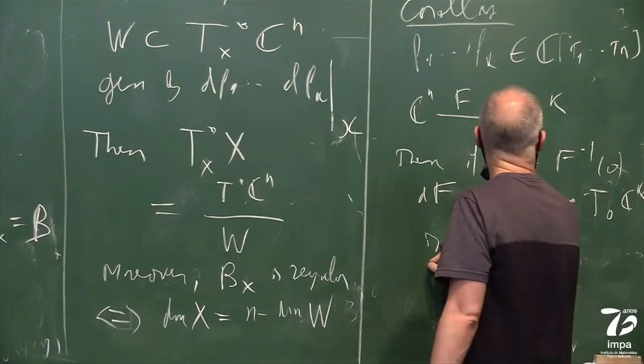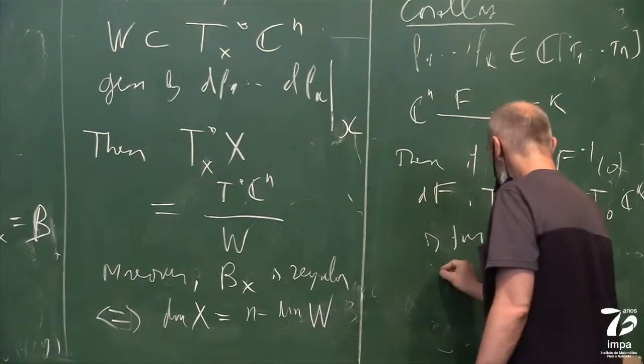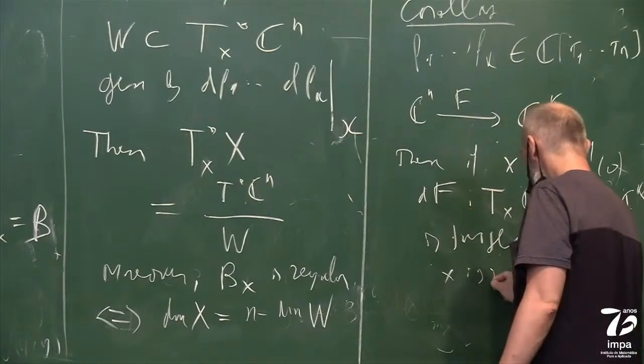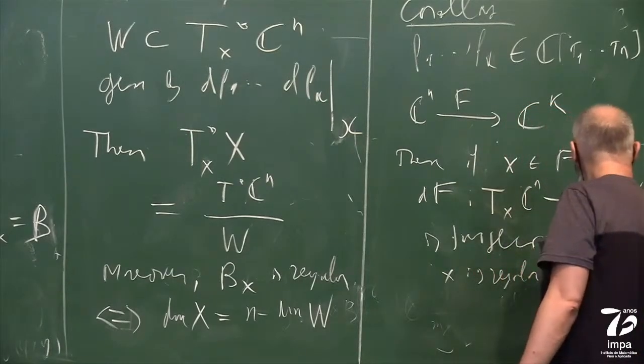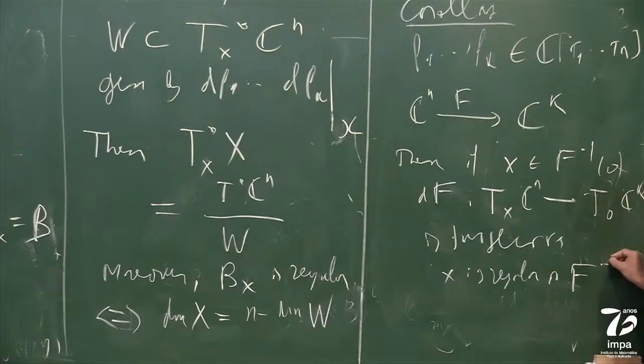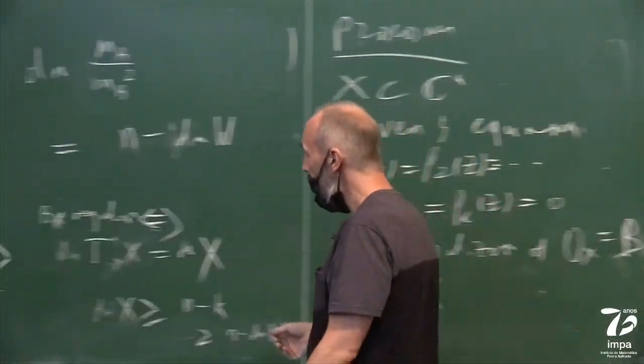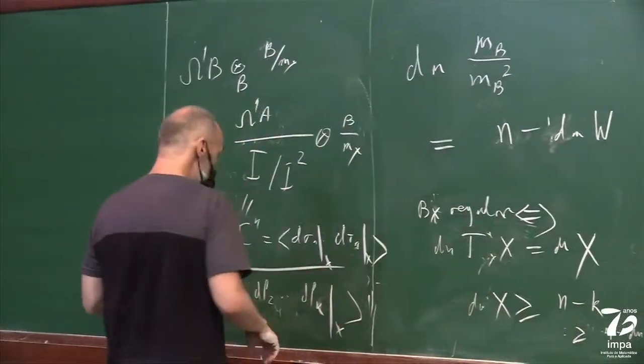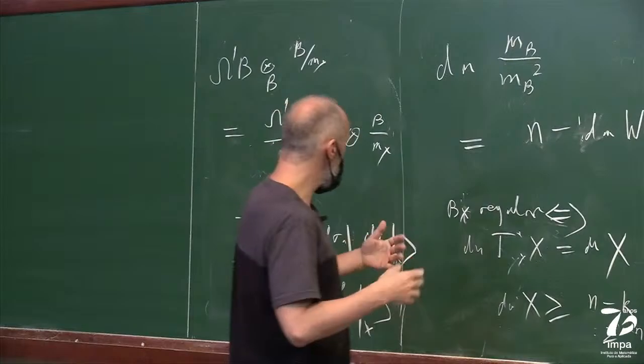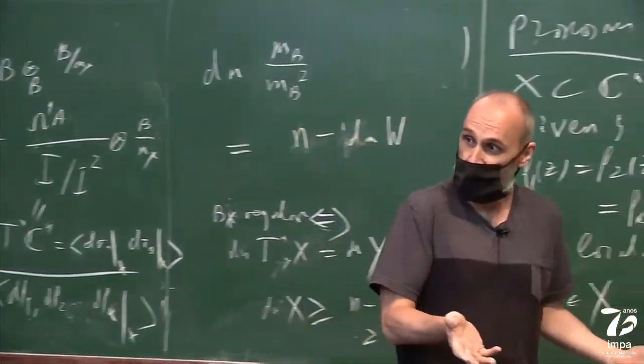Then the point x is regular in this algebraic variety. It's precisely, we want this space to be k-dimensional where we have k equations.